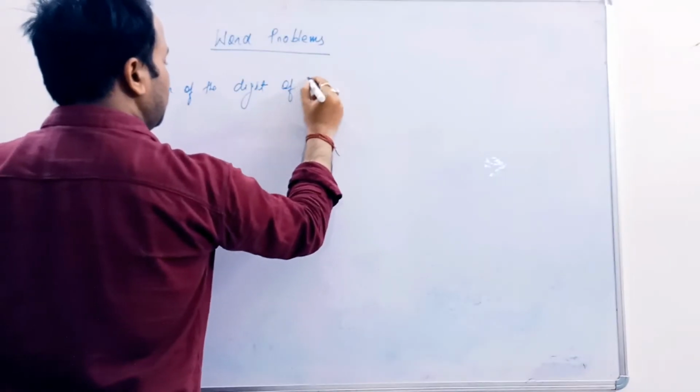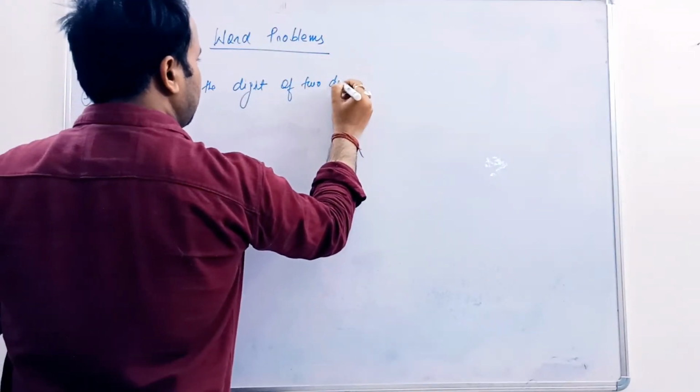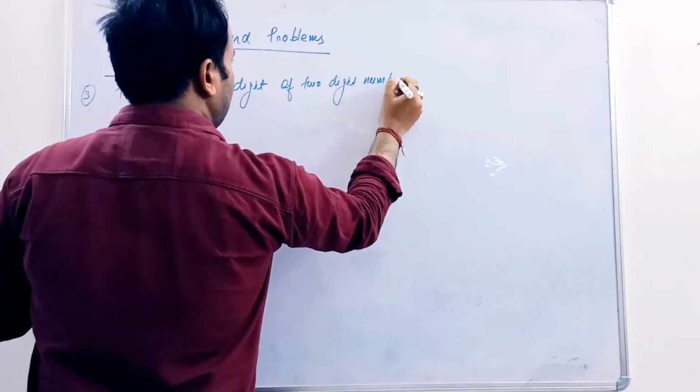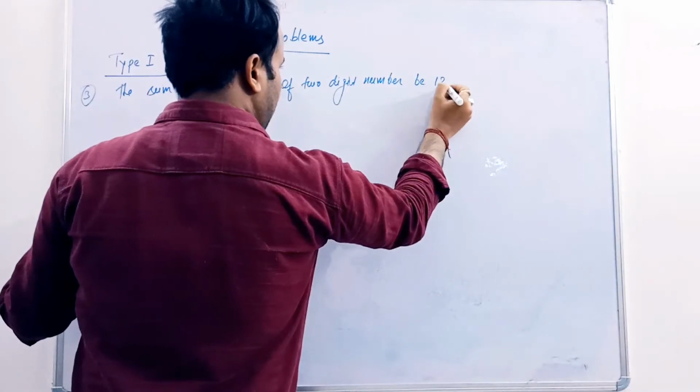In type first: the sum of the digits of a two-digit number be 12.